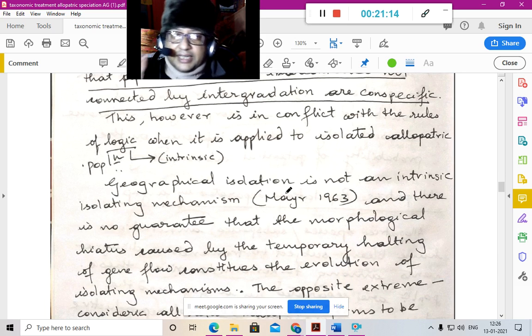Also, there are certain intrinsic mechanisms of reproductive isolation. There is another type of speciation known as sympatric speciation. That is, a different species is formed sympatrically, in the same location, but because of other factors, behavioral factors.